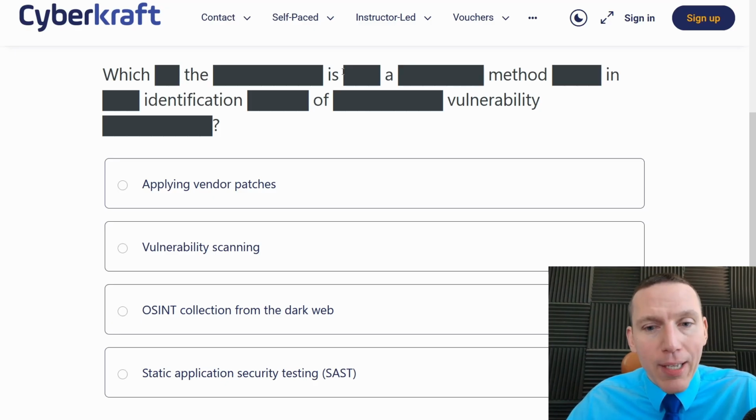Is used. It would be as then. Is something a something method for, in something identification? This one's confusing me. Identification, something of something vulnerability.